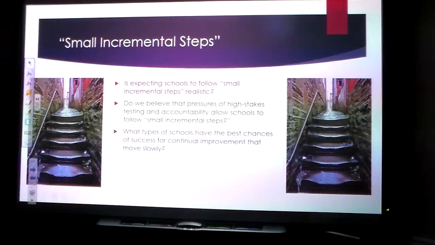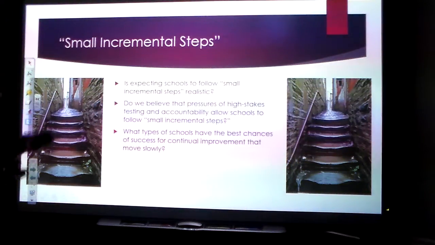I'm going to look at it more from a human perspective in education. So, expecting schools to follow small incremental steps is not realistic, because we have schools and organizations that have high pressures for accountability, and there's nothing that you can do about these accountability pressures. The schools that have the best chances for continual improvement are, honestly, your schools that are performing well, because you can make changes and you can do them slowly.